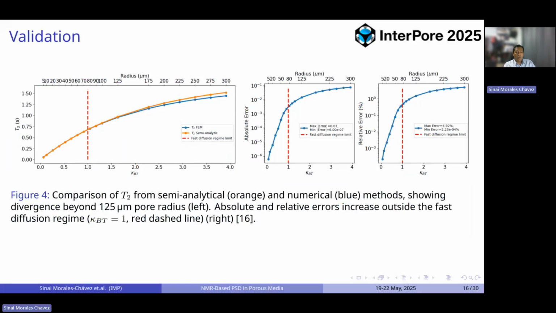The error plot on the right confirms that both absolute and relative errors increase as we approach the slow diffusion regime. This observation highlights the importance of modeling both diffusion and surface relaxation effects concurrently, specifically for larger pores.